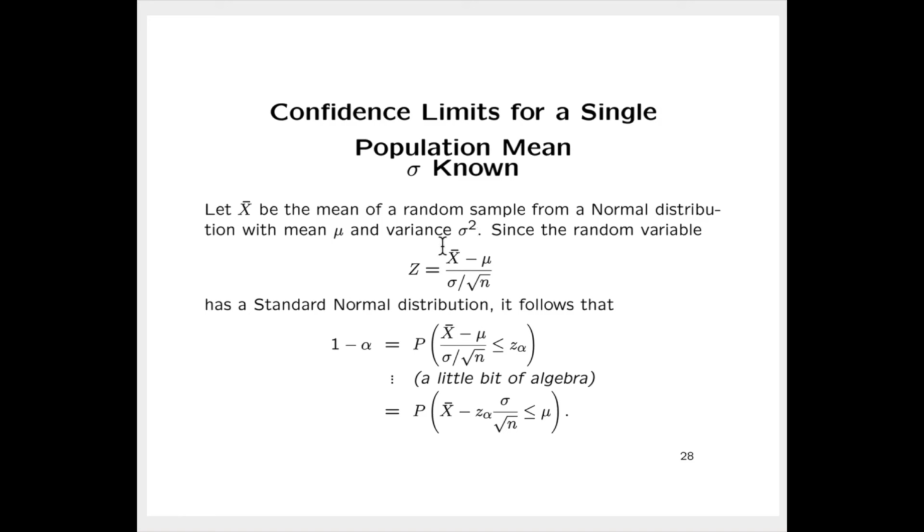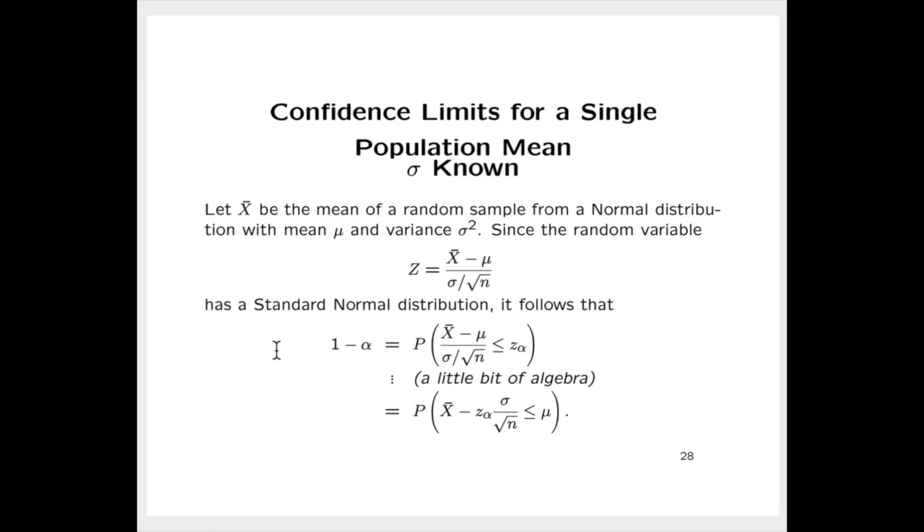So what we're doing here is standardizing x bar by subtracting off the mean of its sampling distribution and dividing that difference by its standard deviation. We're denoting that again as z. So we know that this standardized version of x bar has a standard normal distribution.